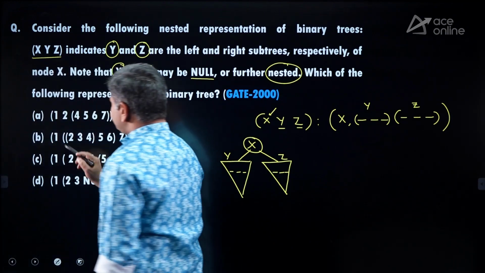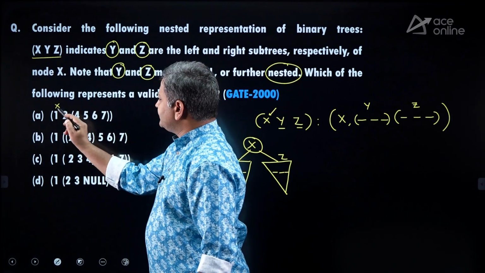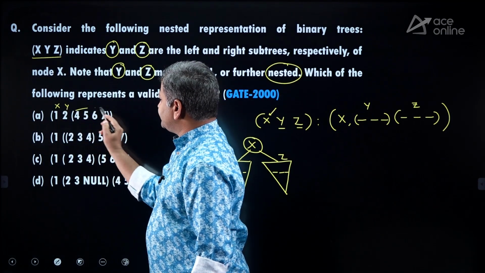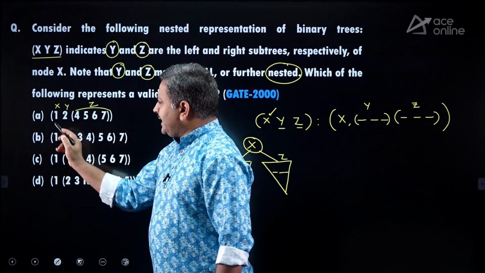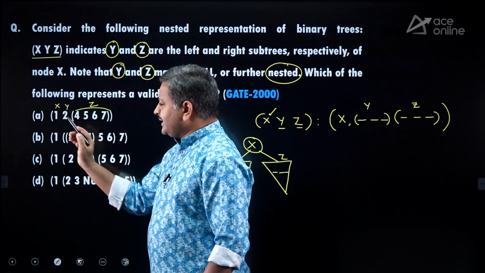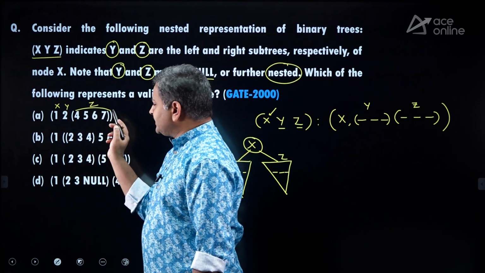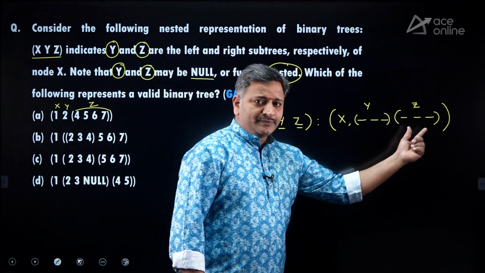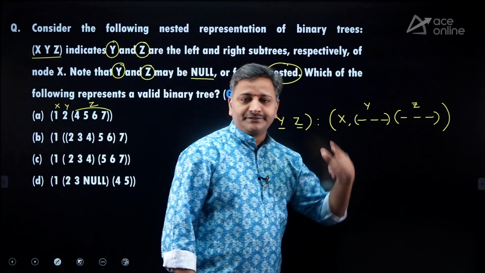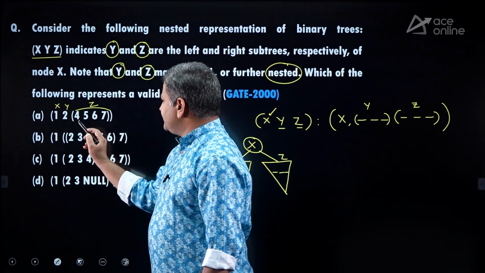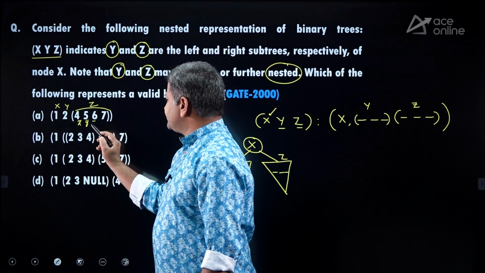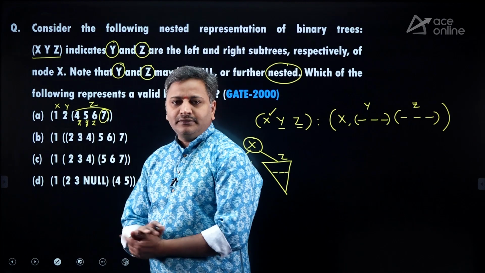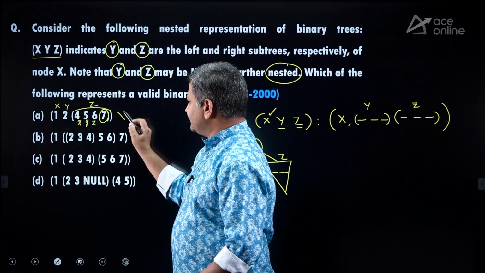Consider X, Y, and Z. X is satisfying properly, Y also satisfying properly, but Z is further nested, so exactly how many elements are allowed? 3 elements. But how many do we have? It is X, it is Y, it is Z, but what about the 7? Right, it is invalid, therefore ignore this.